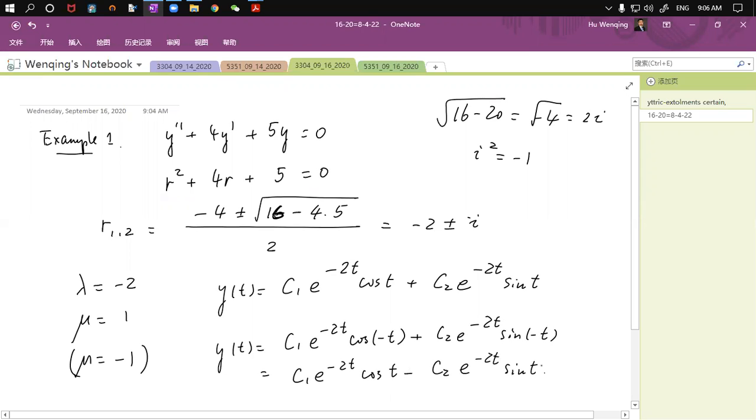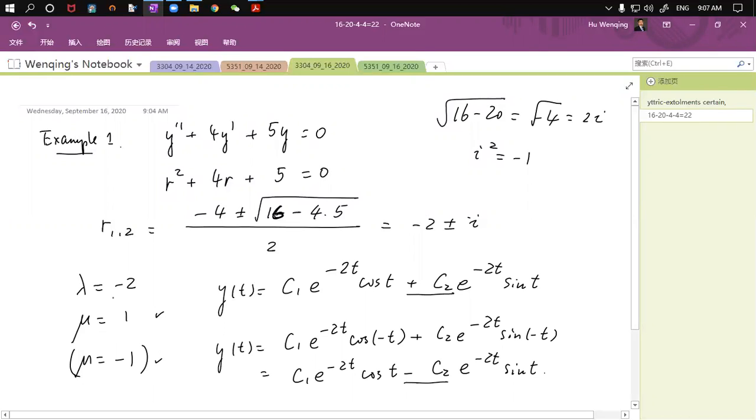So you can see that the solution looks different. But in terms of the general solution, it doesn't really matter, because plus c2 and minus c2 are both constants. Either is good. Usually you take the positive one, it's common sense.